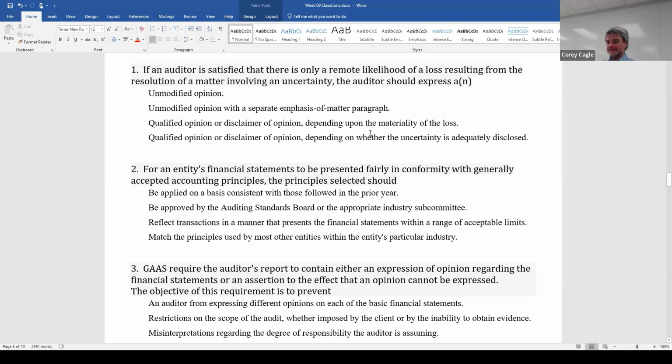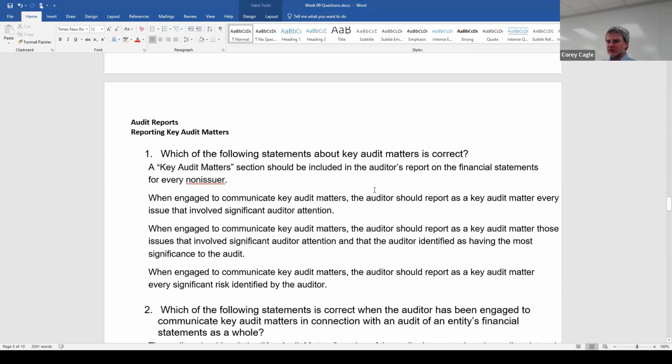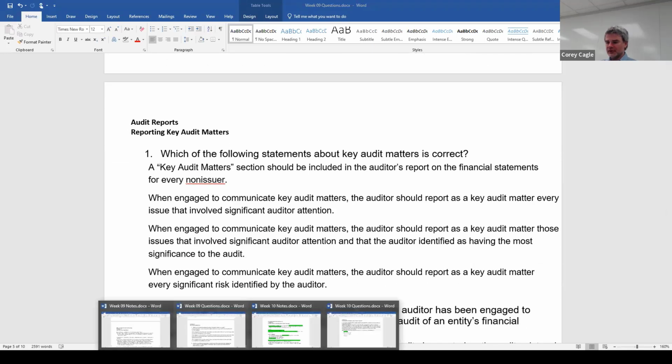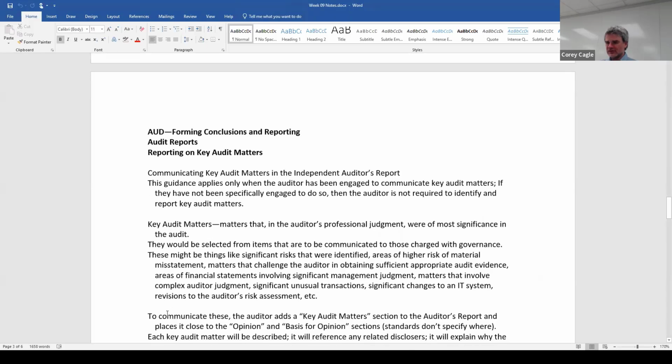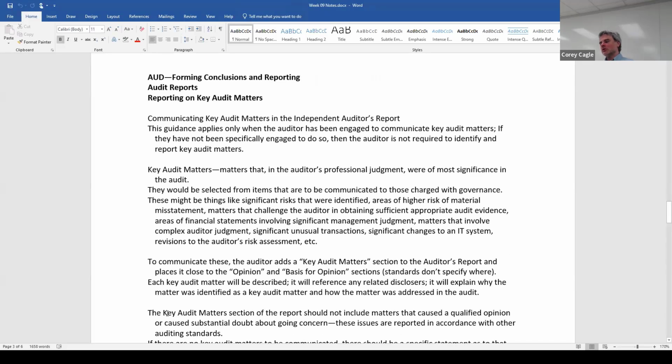Okay, so this next section, kind of a weird spot for it. I think they should have put that somewhere else in the content. This is a new item that's not really been around.